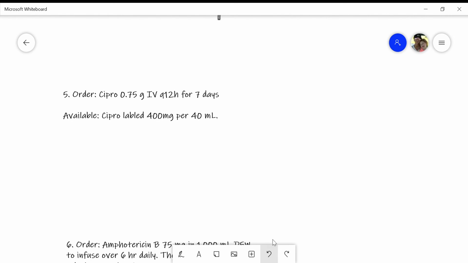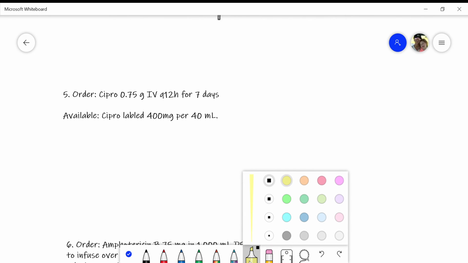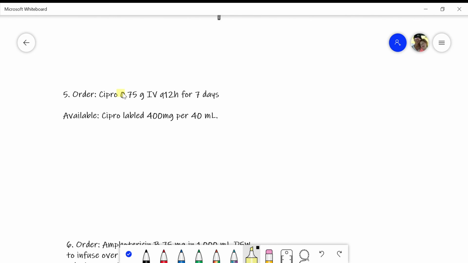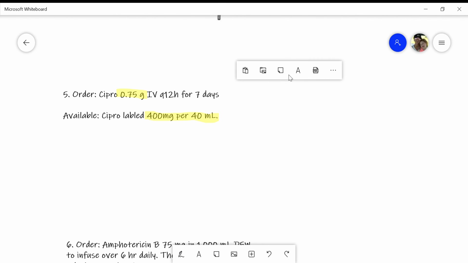And this one is number 5. So our order is 0.75 grams, and it's 400 milligrams per milliliter. So we are going to have to convert. You can do that, or you can just move it over.